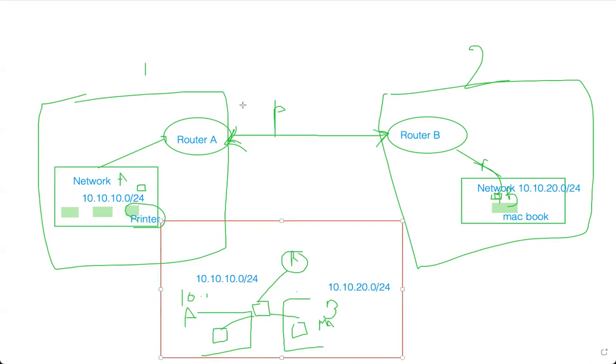This is one local area network, and there is a printer on the left-hand side that wants to communicate with a MacBook on the right-hand side. So this is all one LAN. How can we make sure this can work? What will you do on the switch? What will you do on the router? That is my question.